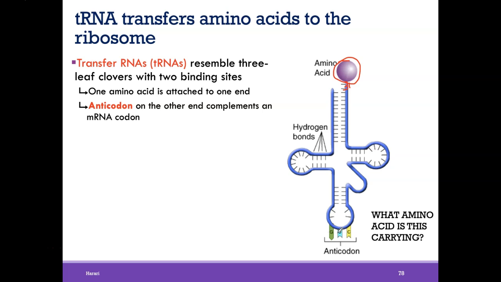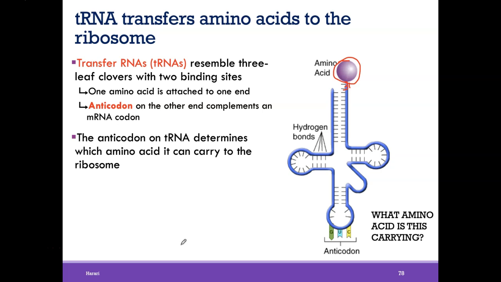And an anticodon of tRNA complements a codon of mRNA. I'm going to explain this, don't worry. The anticodon on tRNA determines which amino acid it can bring over to the ribosome. So depending on the anticodon, that will determine which codon it can recognize, which will specify which amino acid should be inserted into the protein.